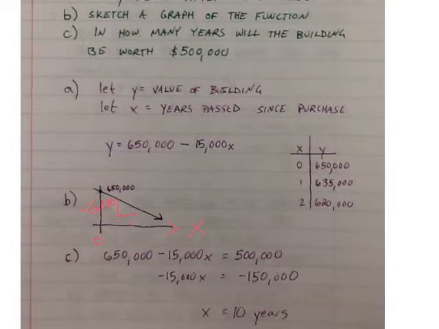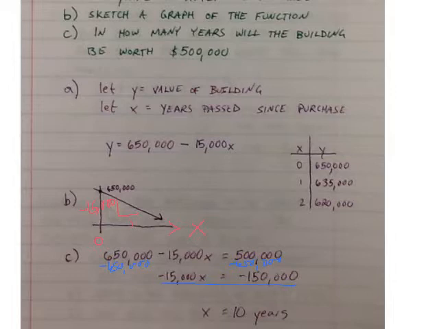And in part C it says, in how many years will the building be worth $500,000? So I set my equation equal to $500,000 and I solved for x. In the first step I subtracted 650,000 from both sides and found this to be the equation that resulted.